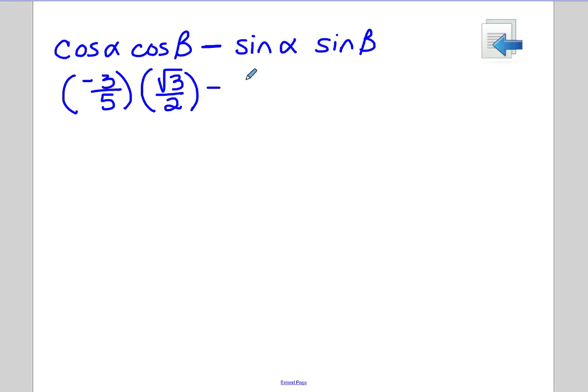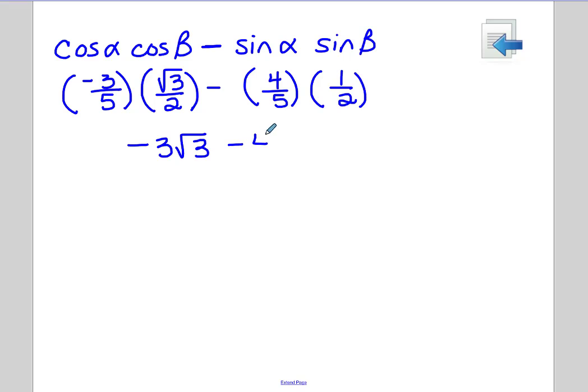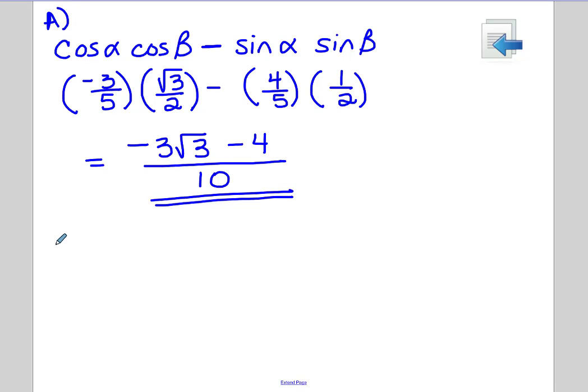And then the sine of alpha was given to us. That was 4/5. And the sine of beta was given to us. That was 1/2. So simplifying that, we have negative 3 radical 3 minus 4 in the numerator and 10 in the denominator.